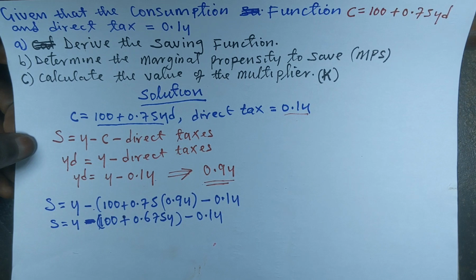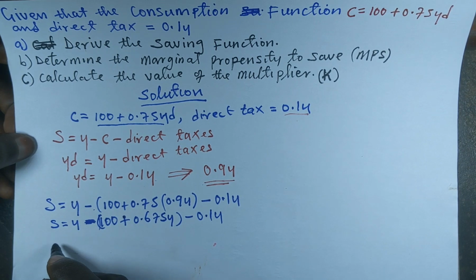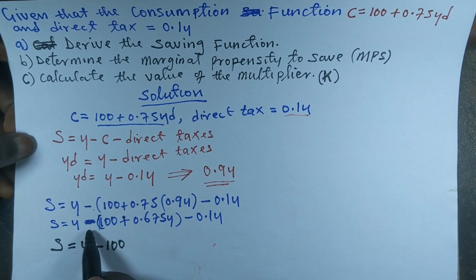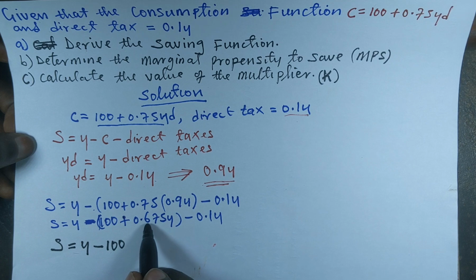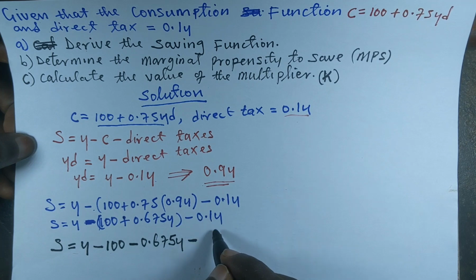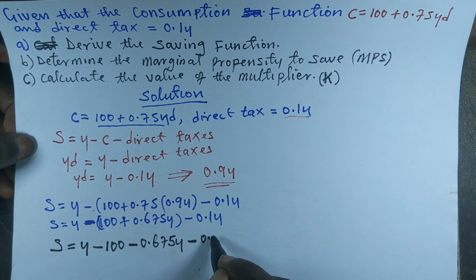That's the equation, and we have saving equal to Y minus, when we multiply the minus by 100, we have minus 100, then minus 0.675Y, minus again 0.1Y, that is our direct taxes.